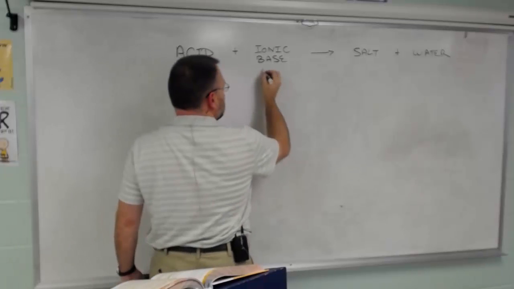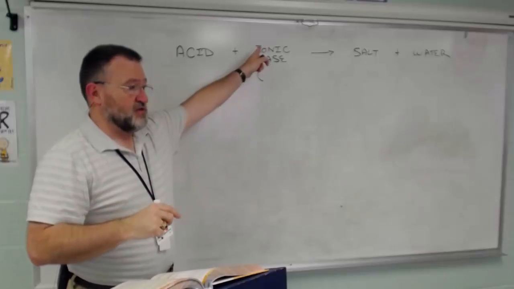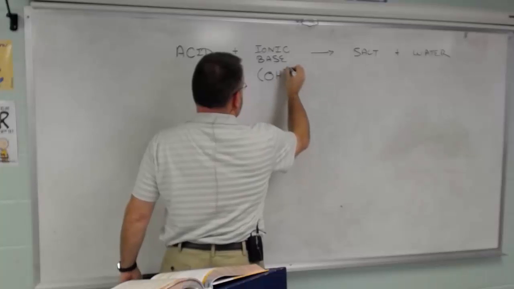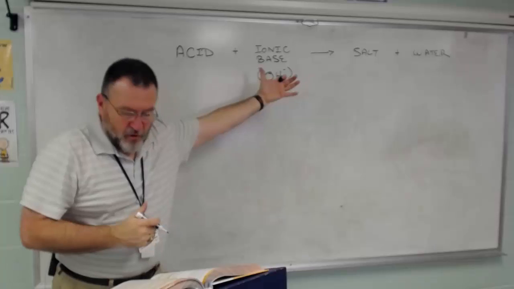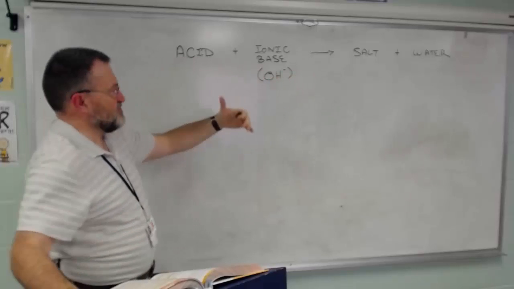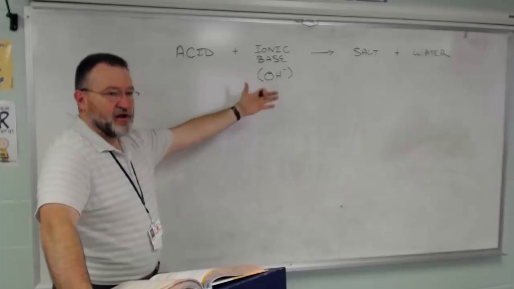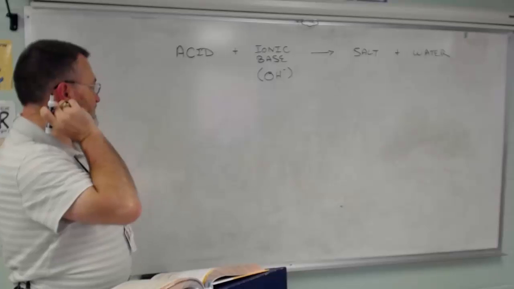What would you expect to find just about every time as at least one of the ions in this base? A hydroxide ion, right? You're going to look for that hydroxide ion. In most cases, not every case, there's going to be some form of a molecule there that has a hydroxide ion as part of the overall molecule. That's going to produce a salt and water.